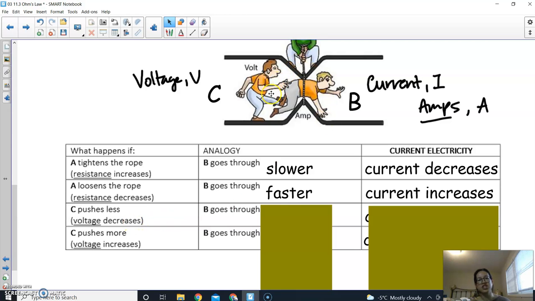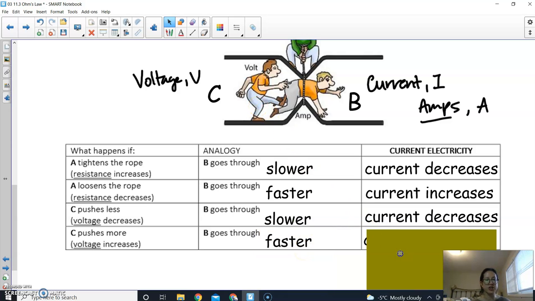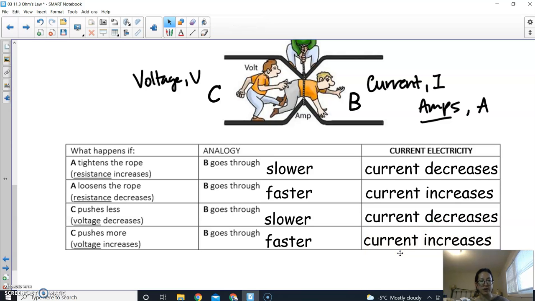If voltage decreases, they're pushing less, so the electrons are getting pushed less, which means it's slower, and current decreases. And of course, the opposite is also true. If C is pushing more, there's more electrical pressure, then the current increases. We're going to see a little bit more about this. Please make sure you copy down these notes, and then we're going to turn the page.